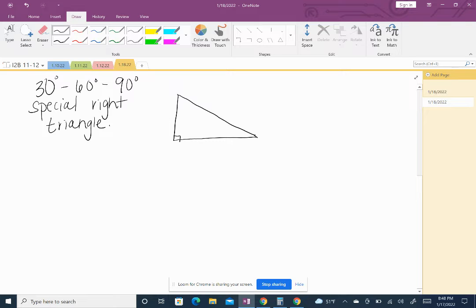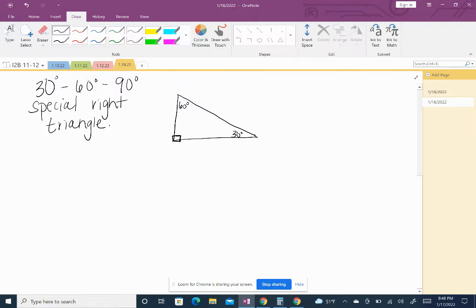So this shortest side, if you drew a line towards there, that would be your 30-degree angle. Then your second shortest side would be this one down here, which would be your 60-degree angle. And if you drew out from the right angle, that's going to be your hypotenuse, and this is going to be 90 degrees.